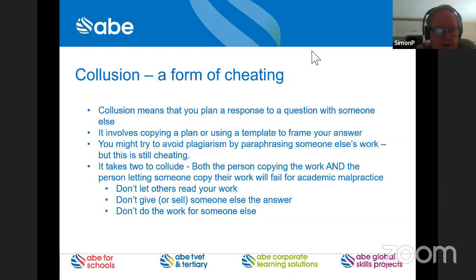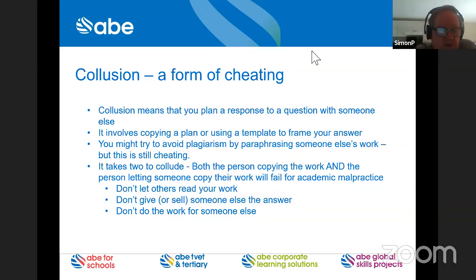Unfortunately, we use Turnitin, a plagiarism software, which I'm sure you're familiar with, which identifies not only that two or more learners have copied off a common source, but if that common source is another ABE student, it will identify that ABE student as well.